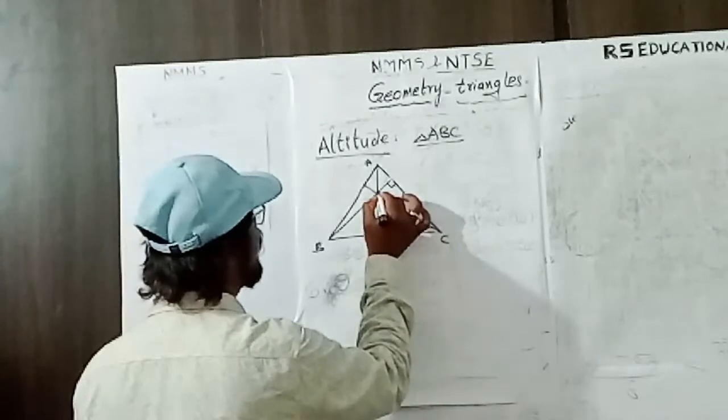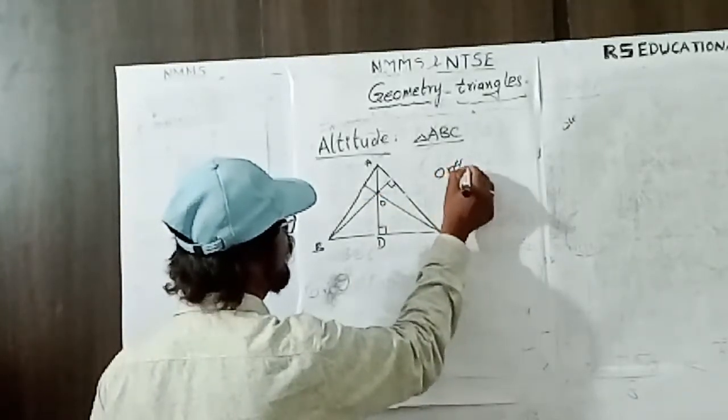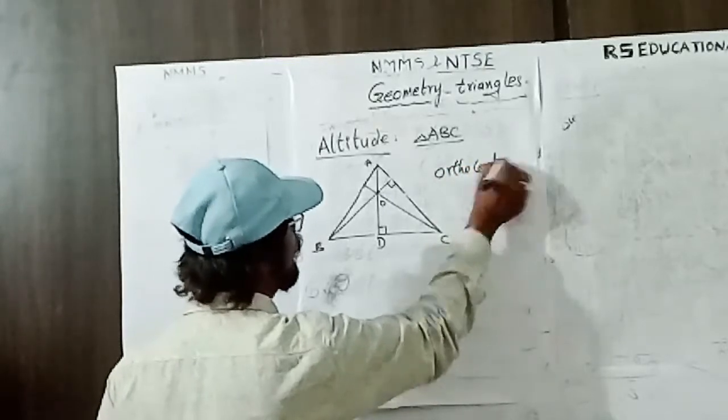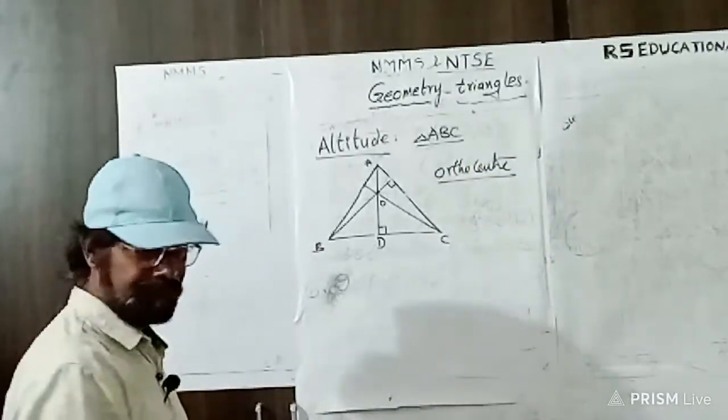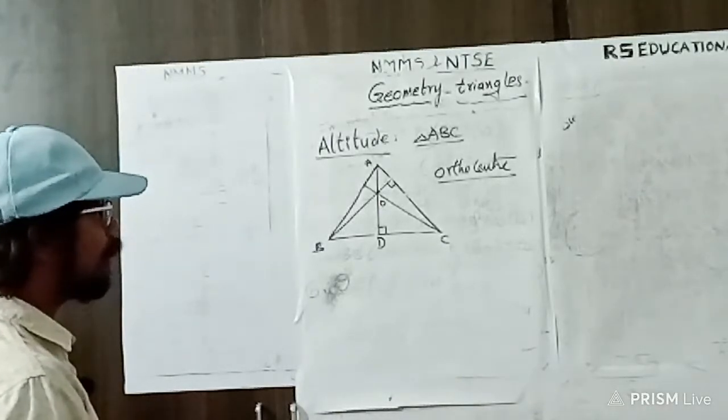This point is called O, the orthocenter.